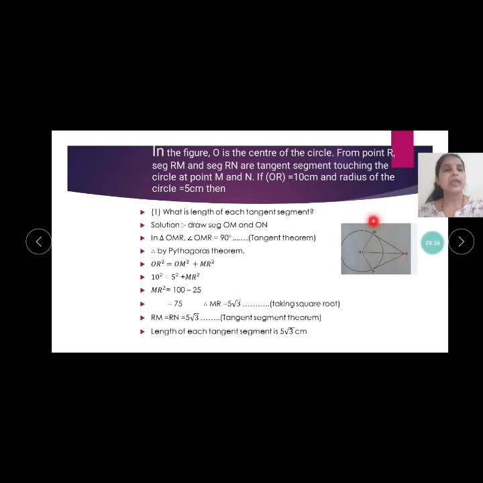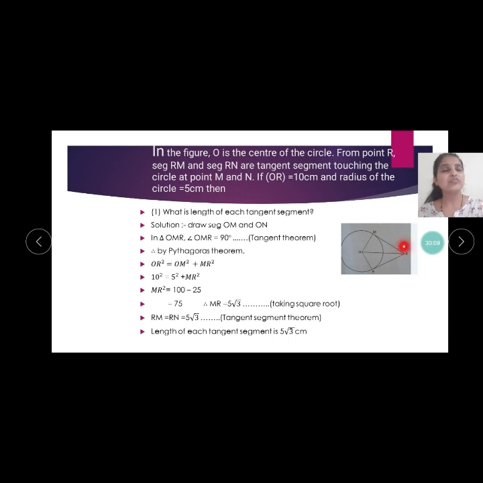So here MR square will be equal to 100, that is 10 square, minus 25, that is 5 square, right? So 100 minus 25 gives me 75. So what will be the length of MR? We have to take the square root of it. When we take the square root, it turns out to be 5 under root 3.